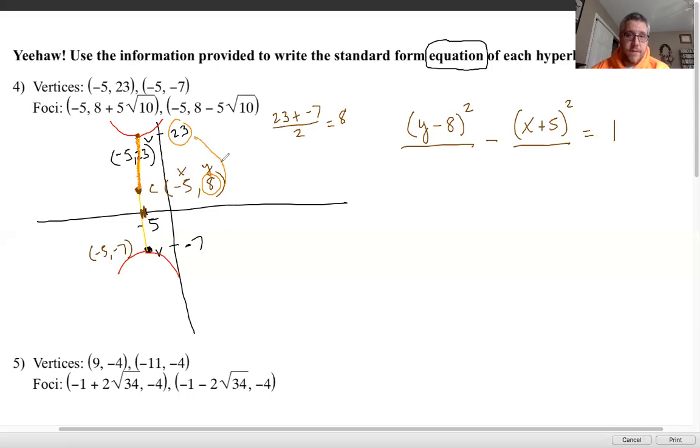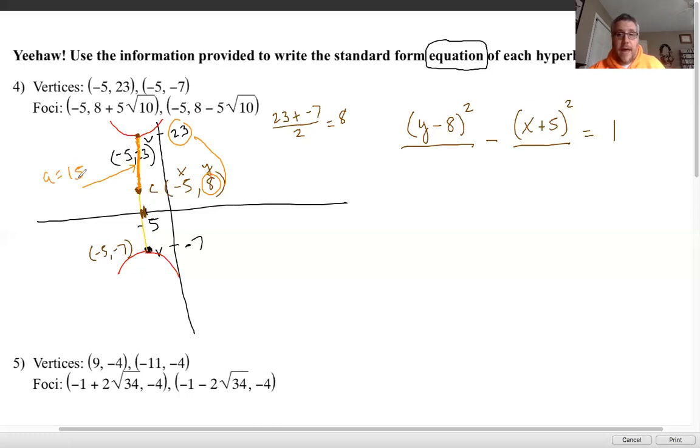So what's the difference from 8 to 23? If I can find that, that's the length of half of the transverse axis, which is a. Well, I'll subtract them. 23 take away 8 is 15.